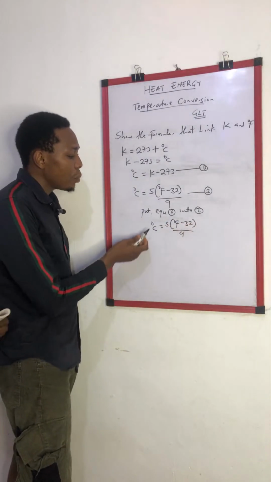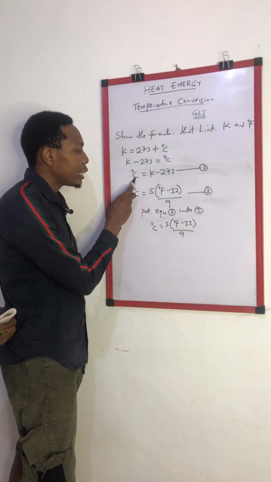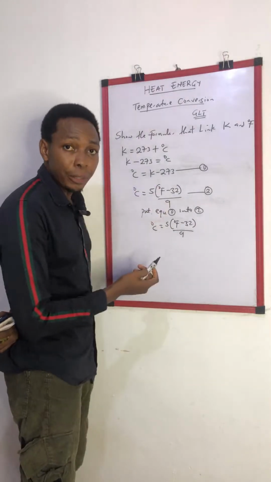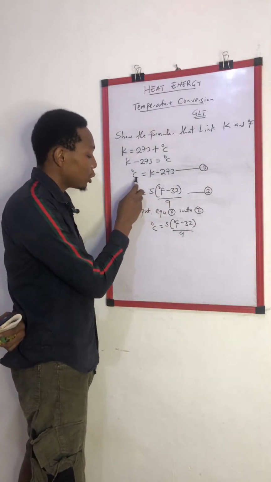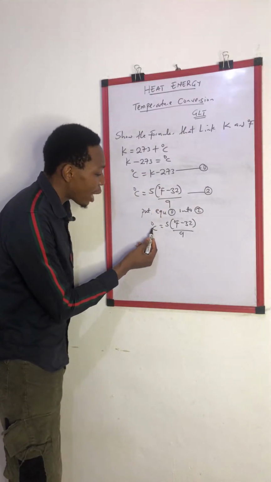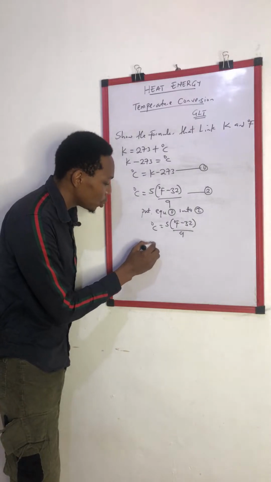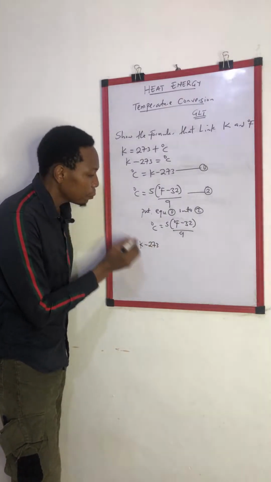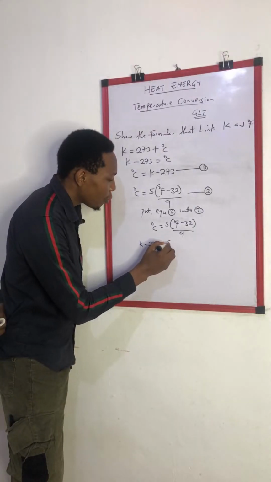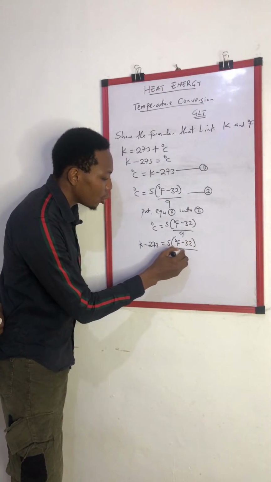It simply means that anywhere you see degree Celsius here, what's our degree Celsius? Degree Celsius is sitting as K minus 273. So anywhere you see degree Celsius here, you are going to replace it with K minus 273. At the end, our degree Celsius here is sitting as K minus 273, then equals 5 bracket degree Fahrenheit minus 32 then all over 9.